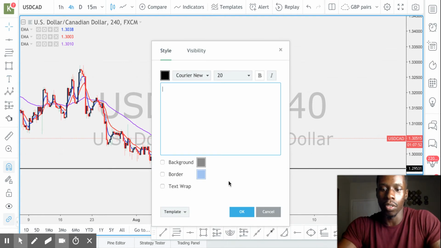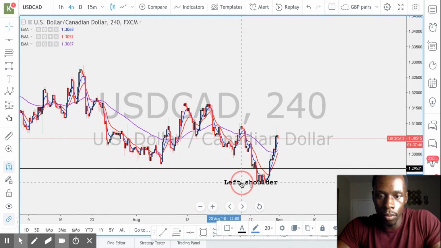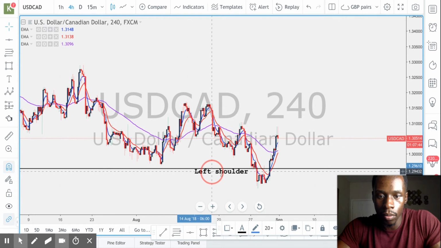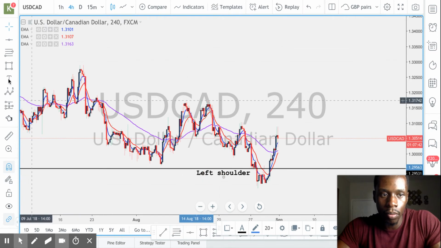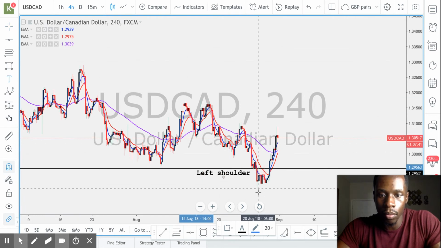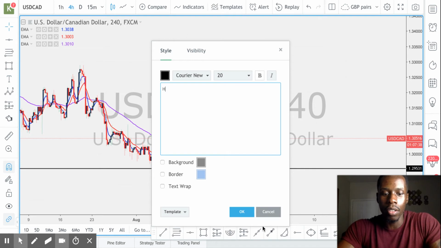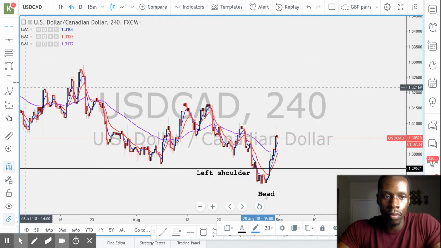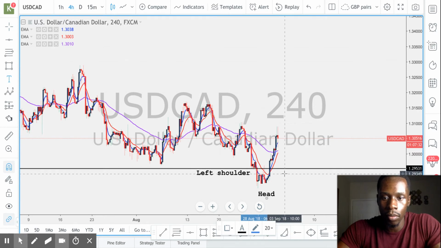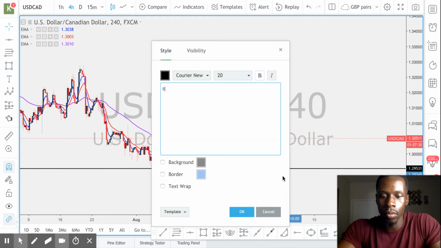So this is going to be the left shoulder. This is where your head is going to be. And this is your right shoulder.